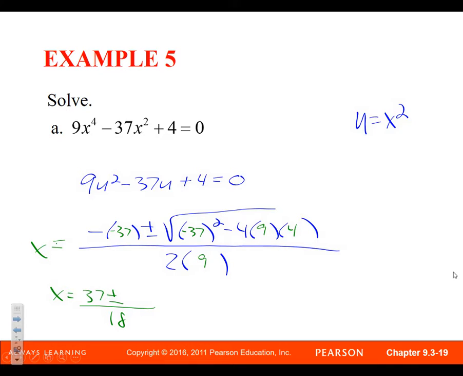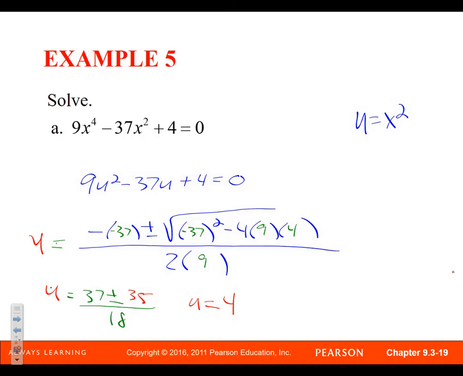The square root of 37 squared minus 4 times 9 times 4 is 35. So that means that x is equal to, and actually it shouldn't be x because what letter am I using? I'm using u. So u is equal to that, u is equal to this. So u is equal to 37 plus 35 divided by 18, which is 4.